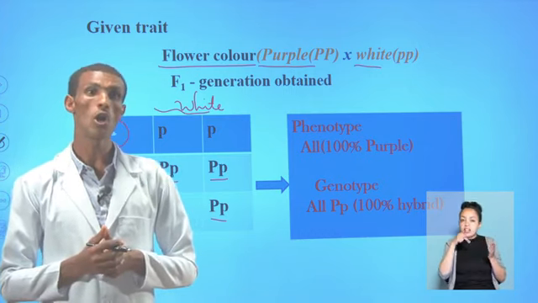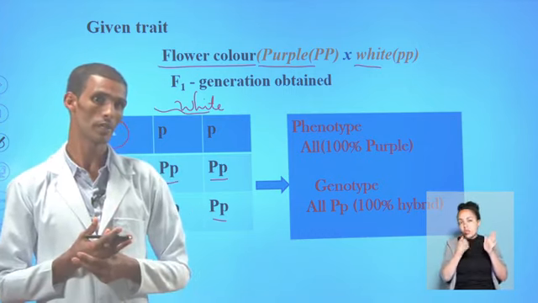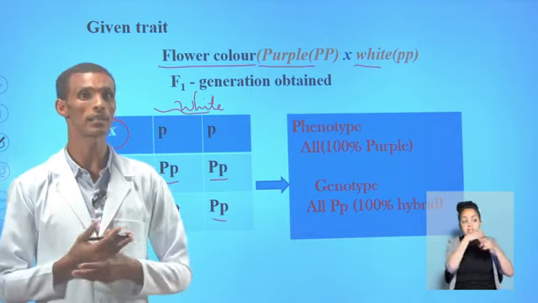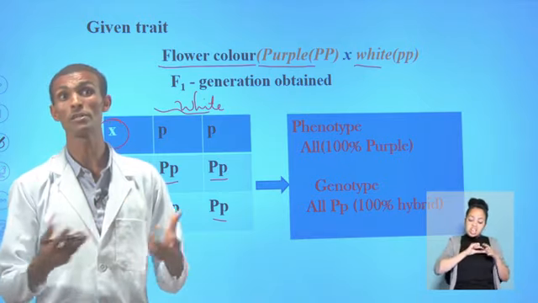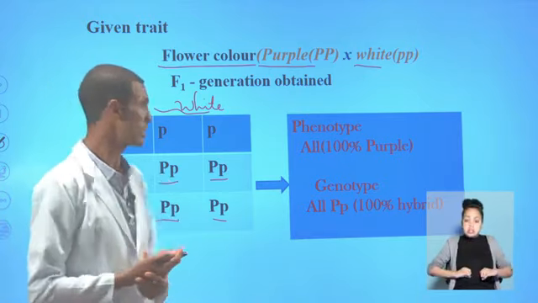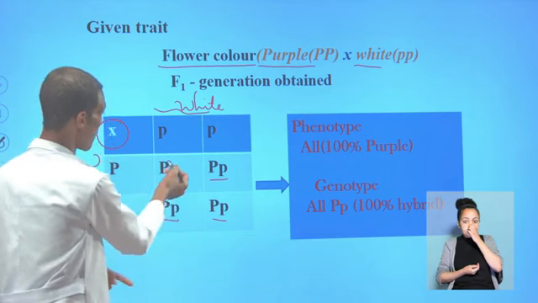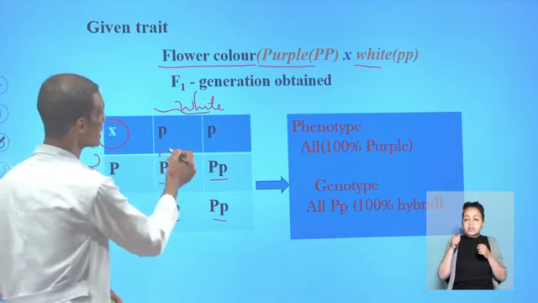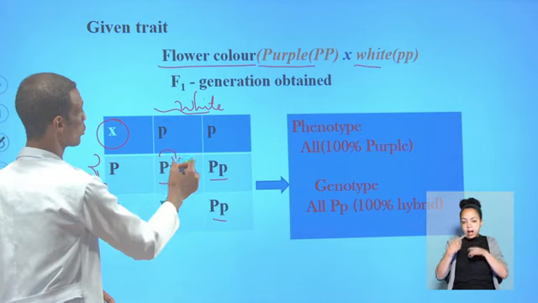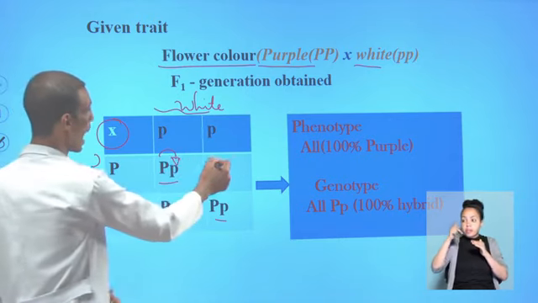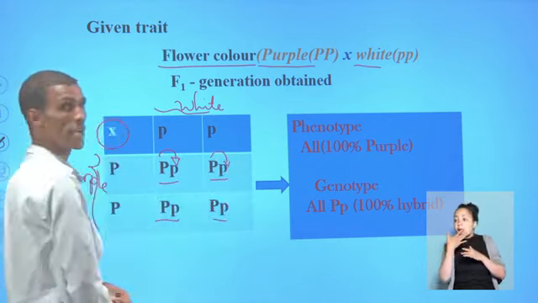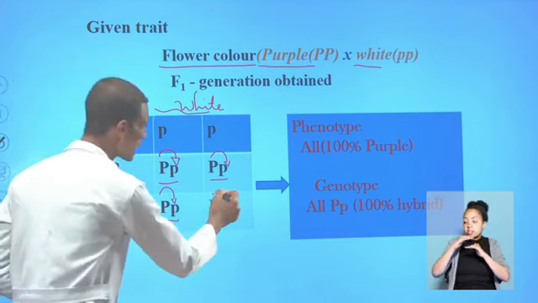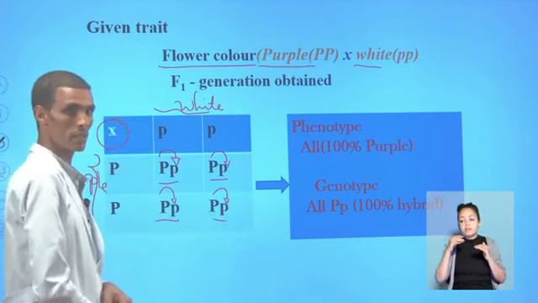When we say phenotype, it is an external observable character. When you say genotype, it is an internal genetic description of an organism. Here, phenotypically, the allele that comes from the homozygous purple dominates the recessive allele that comes from the white one.